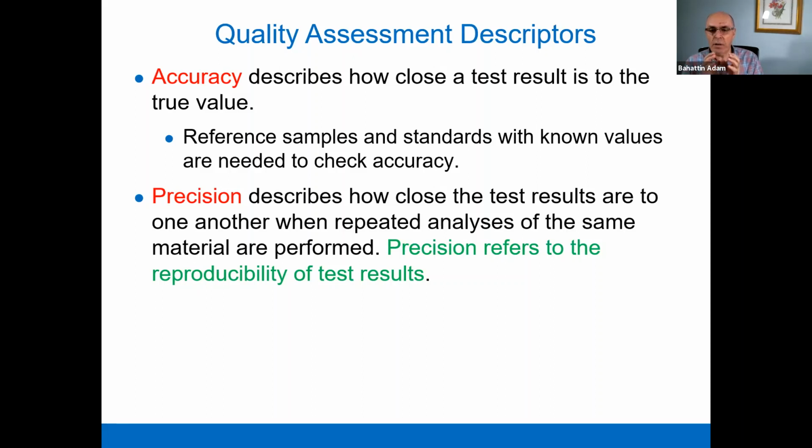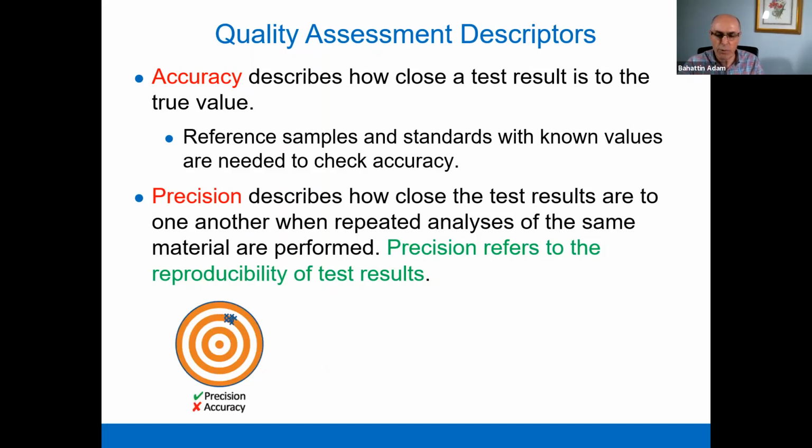Precision refers to the reproducibility of the test results. If each time you get almost the same result, or really close to each other, that means your precision is good and you are performing the test correctly. Now I am going to show you here, and then we will have a break for 5 minutes.